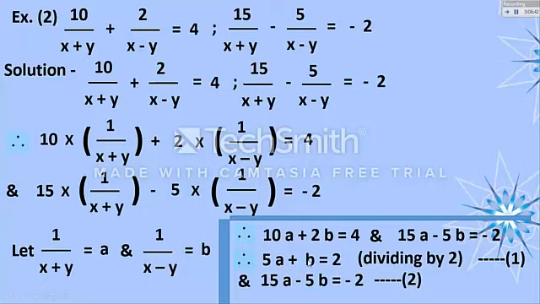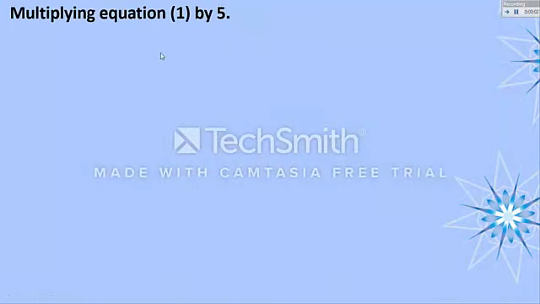Here we have plus 5b and here minus 5b. To cancel them, multiply equation 1 by 5.